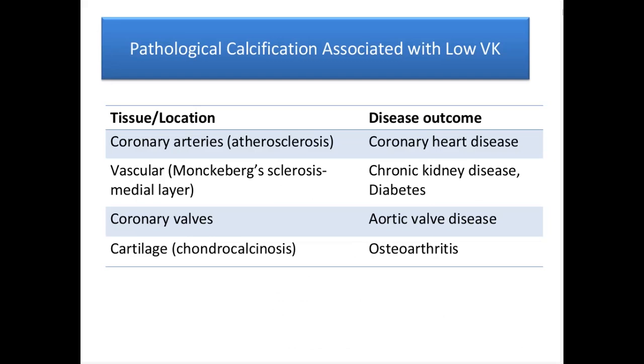So with respect to vitamin K, low vitamin K has been associated with coronary artery disease, with calcification in the coronary arteries. It's been associated with diabetes and chronic kidney disease, and also osteoarthritis and aortic valve disease. All of these conditions are related to abnormal calcification associated with low vitamin K in these various locations.